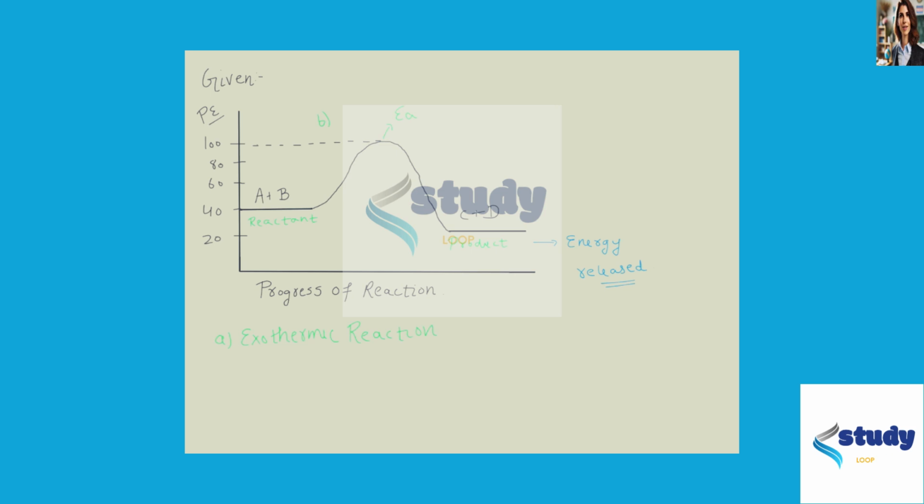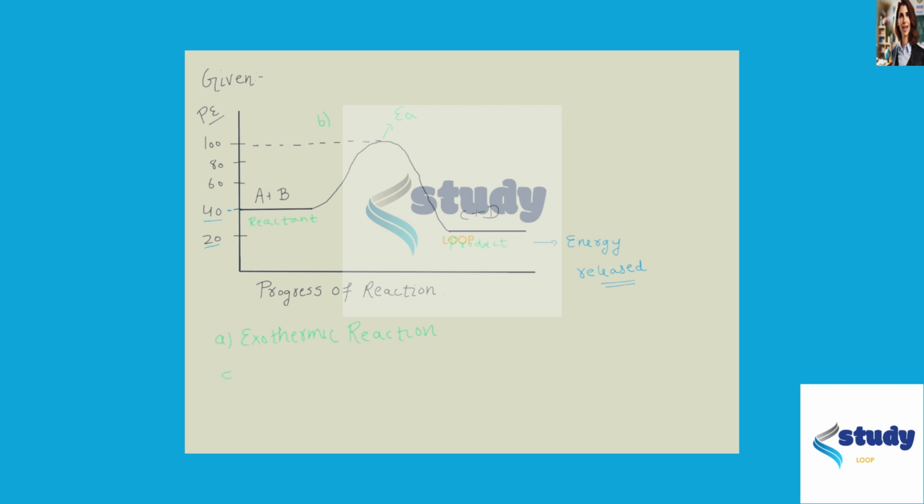Now further it is asked to determine the heat of reaction, delta H. So if we take a look at the initial potential energy at the time of reactant, it is 40 kilojoules, and when we have the product it is 20 kilojoules.